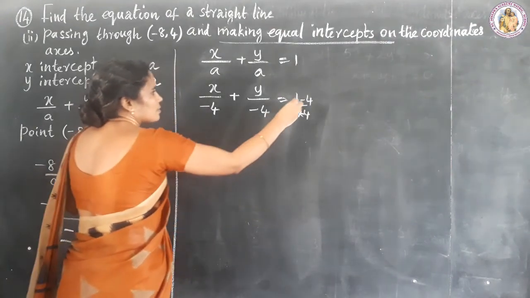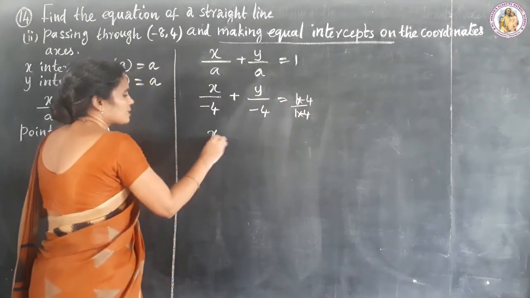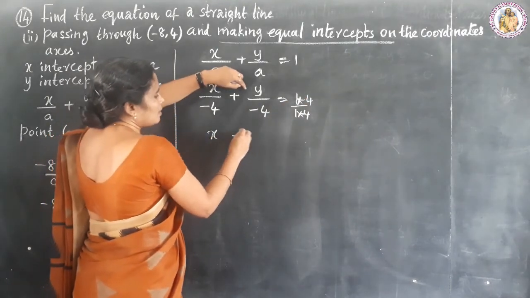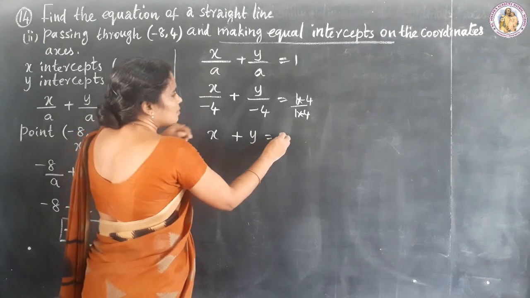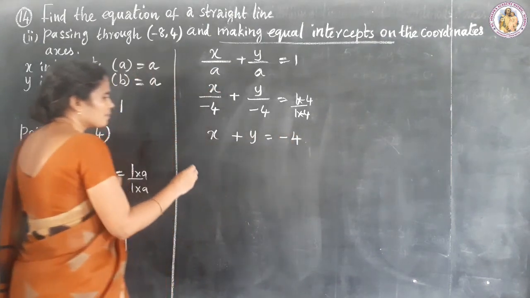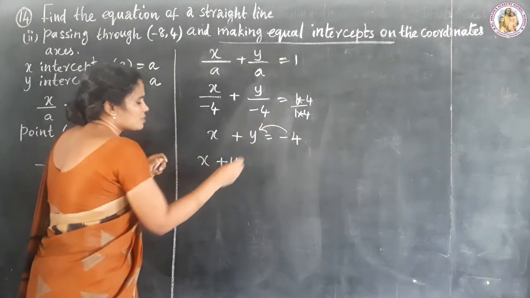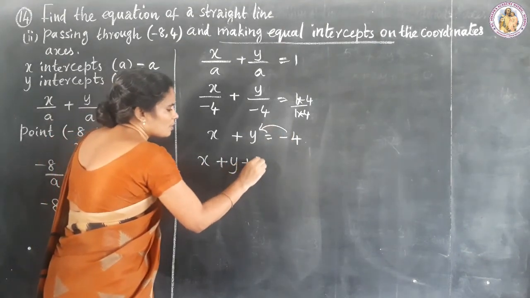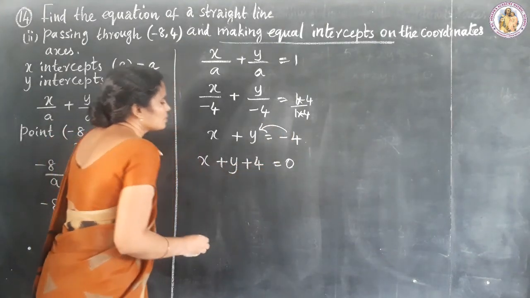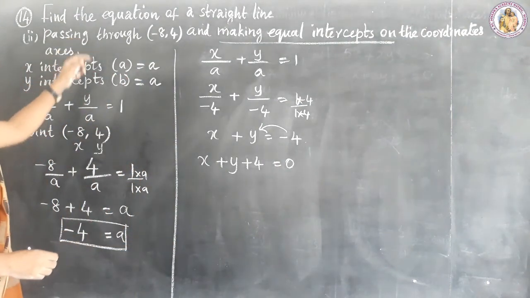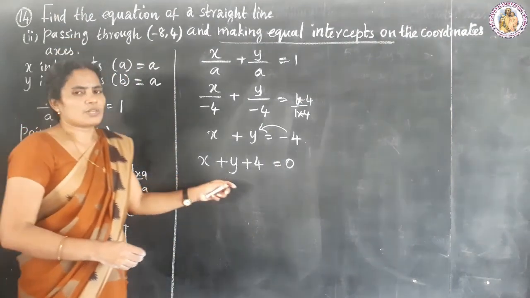So x plus y is equal to minus 4. Here x plus y minus 4, when it goes to the left side it becomes plus 4, is equal to 0. So therefore the equation of the straight line is x plus y plus 4 is equal to 0.